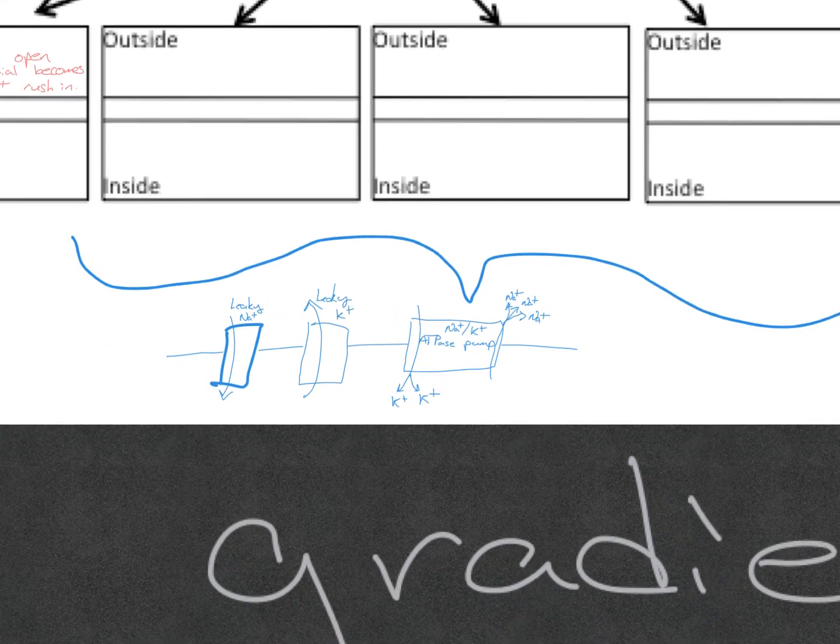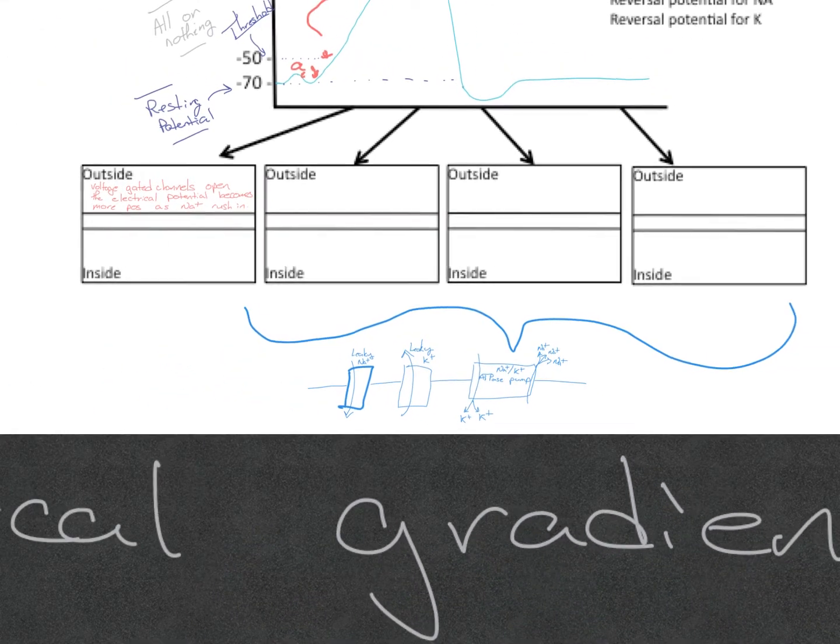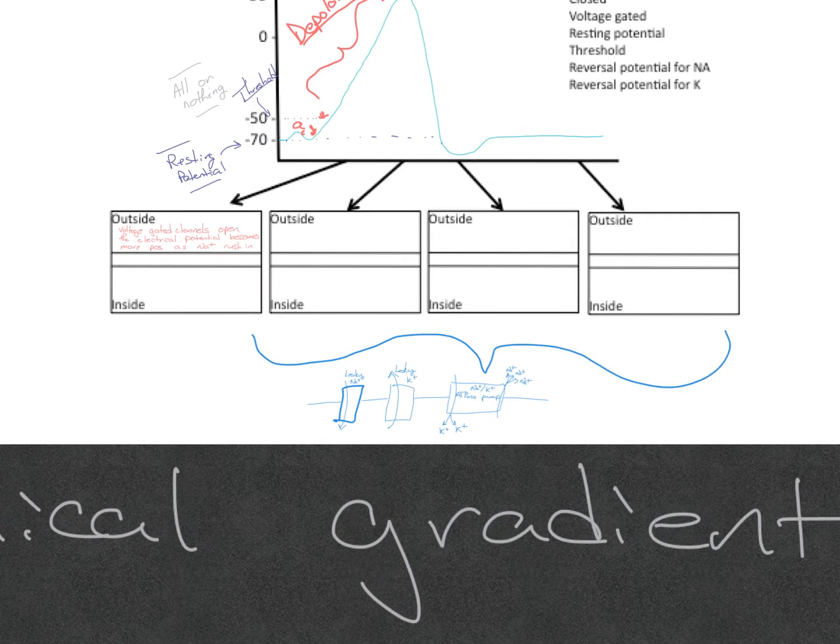So these 3 are happening in the background. They help try to keep everything here at negative 70.